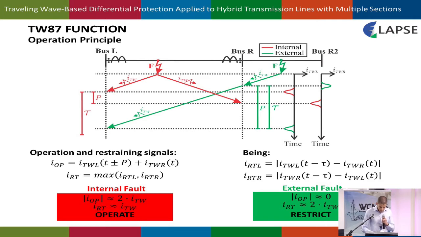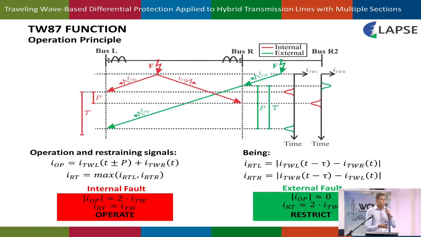Well, in this way, two signals are created, the operate and the restraining signals. In such a way that for an internal fault, IOP, the operate signal, has high values, and IRT, low values.